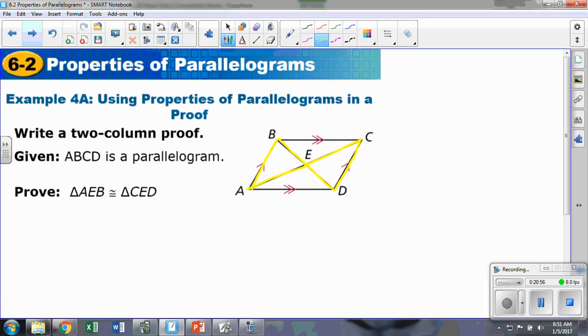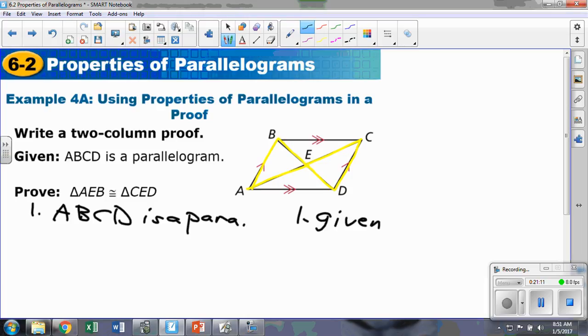So we'll start by noting we're given an important piece of information. We've got a parallelogram. And we now have 4 facts about parallelograms that we know.